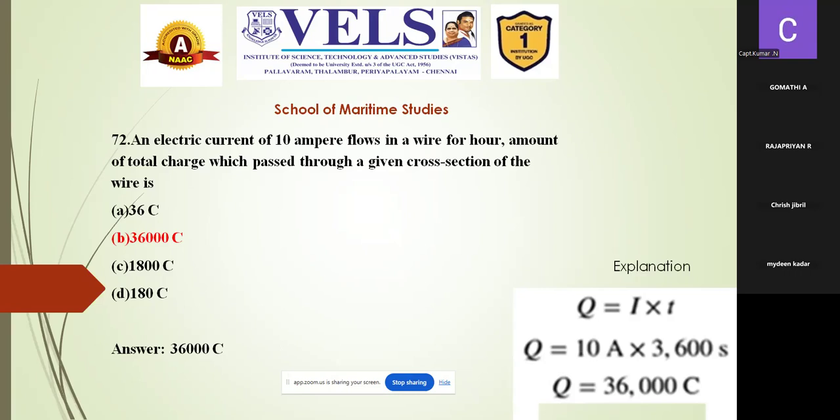The current given is I equal to 10 ampere and time t is equal to 1 hour, which is 60 minutes. So we can convert it to seconds, 3600 seconds. So Q is equal to 10 into 3600. So the answer is 36,000 coulomb.